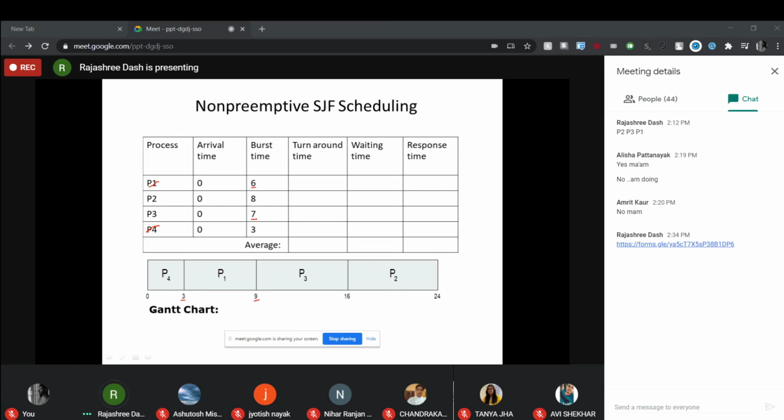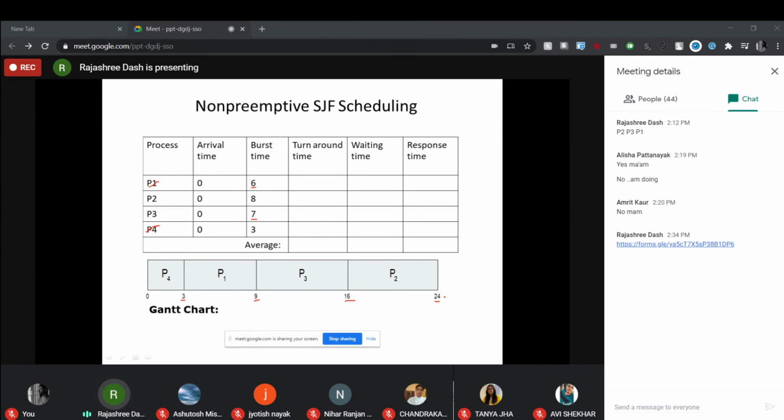So the process having the smallest CPU burst time is P3. So P3 starts execution at 9 and continues up to 9 plus 7, that is 16. So the finish time for P3 is 16. Now finally P2 starts. P2 continues for 8 milliseconds, so it completes at 24.